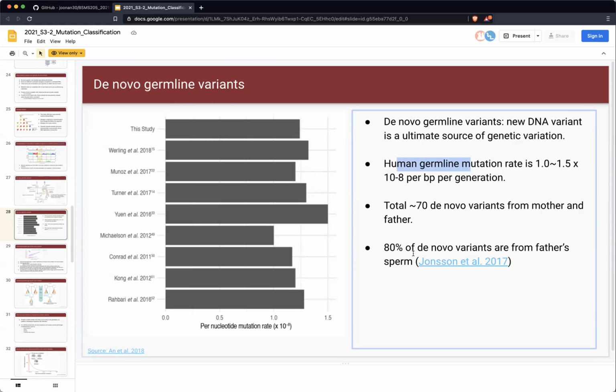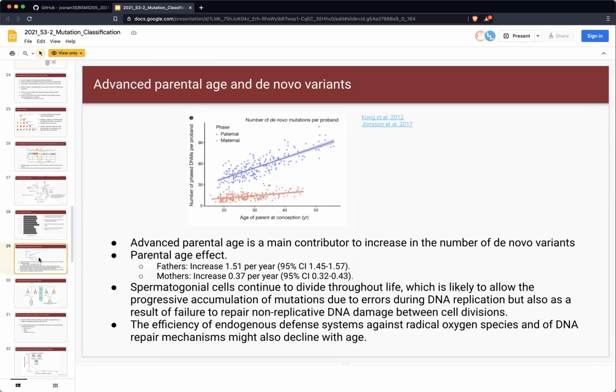And interestingly, 80% of the de novo variants in you or in me or in other students actually come from fathers, because the father has a long way of de novo mutation accumulation in their sperm, right? People had that question in earlier times, and when genomic sequencing technology was released in the field, they studied those patterns using a large-scale population.